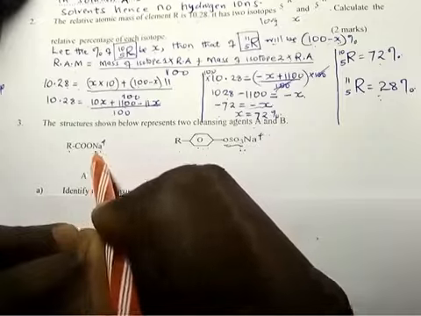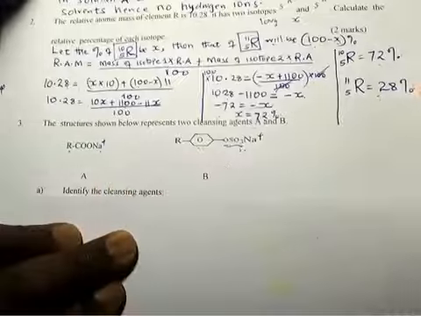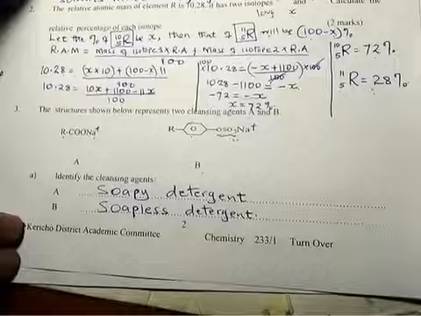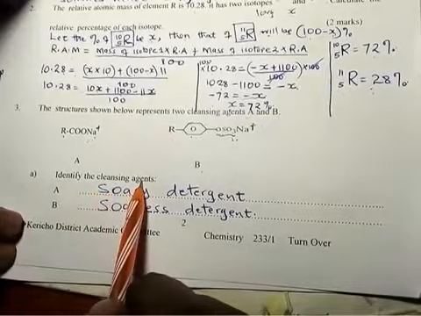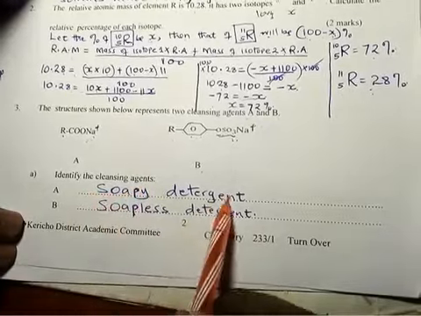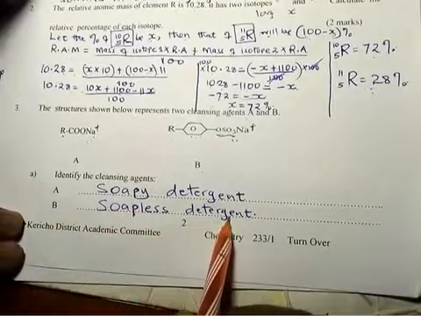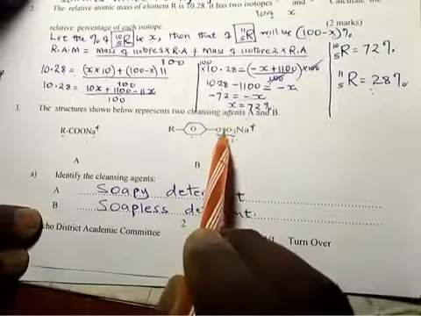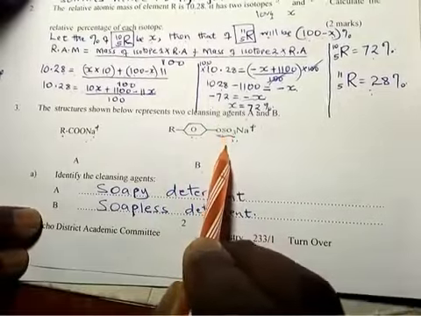Soapy detergents, the same example is power soaps, like Kibuyu, Center, and that. So identify the cleansing agents. The A is a soapy detergent, B is a soapless detergent. Unajuaje? Ukiona hii ring na uone SO3, hiyo ni soapless detergent.